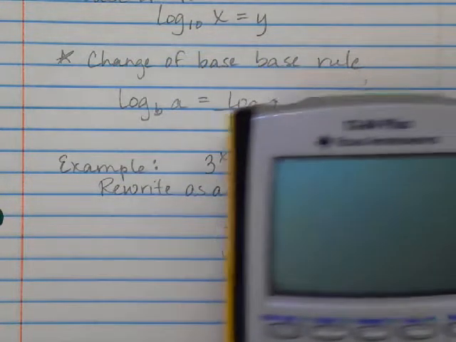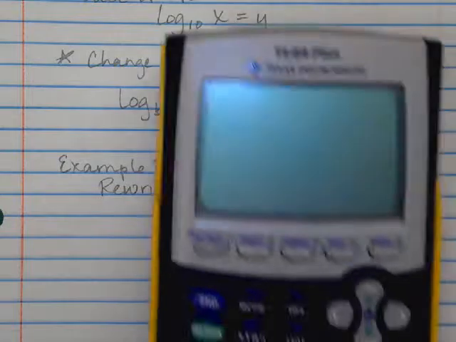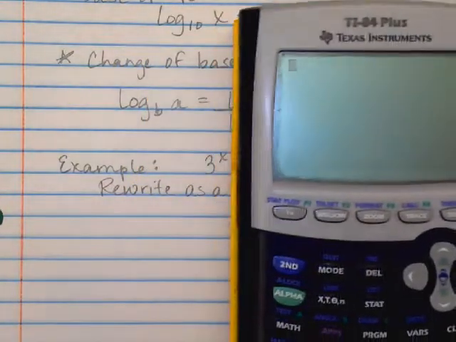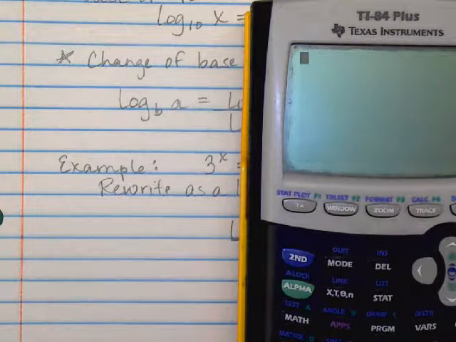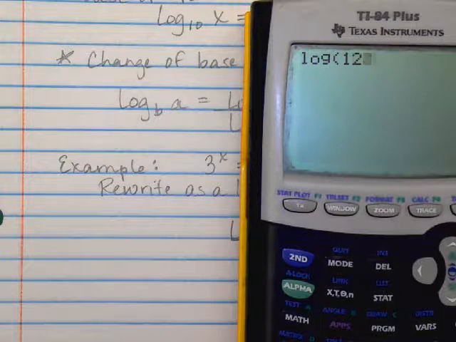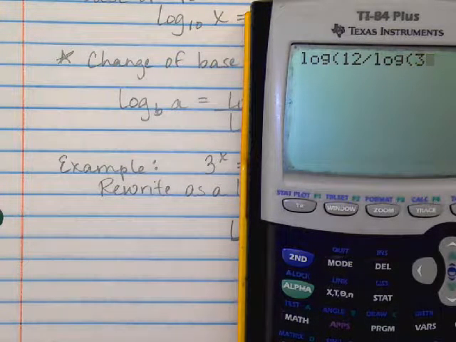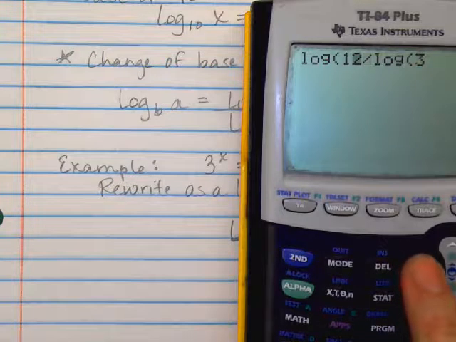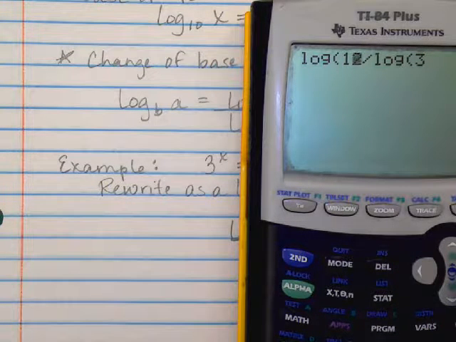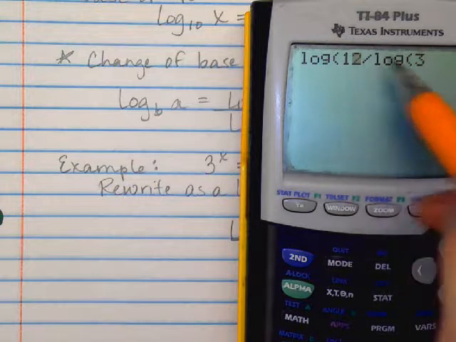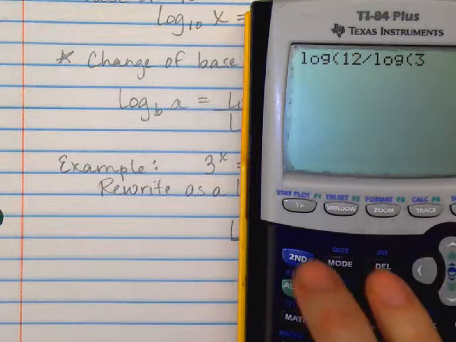And there's a very important step in here, and I'll move that in just a second so you guys can write it down. When you put this in, you're going to put the log of 12 divided by the log of 3. Can somebody tell me what's wrong with what I just typed in? Huh? I gotta close the parentheses. Right now this is taking the log of parentheses 12 divided by log 3, which is going to throw off what I want to do.